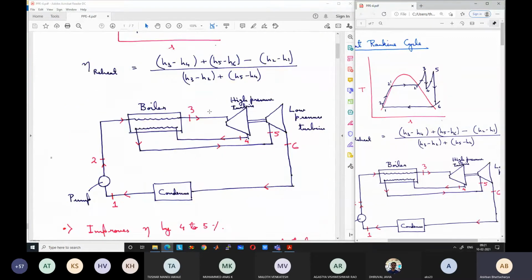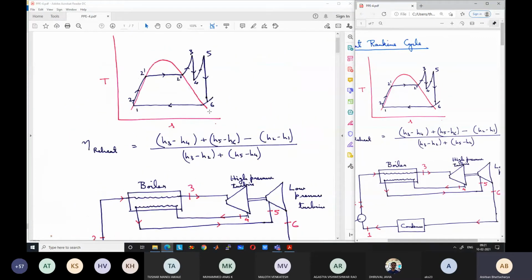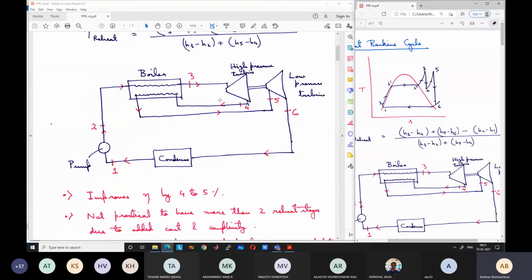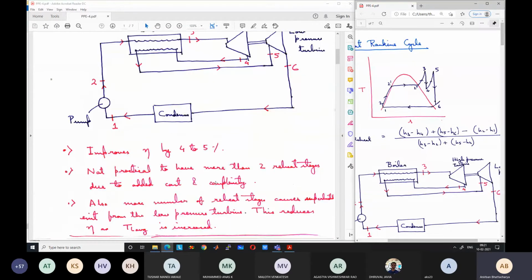Second point is that the turbine exhaust will occur at the superheated state. If I have another one, it will go towards a more superheated state. And if it goes to superheated state, the efficiency is reduced because the average temperature of heat rejection is increased.